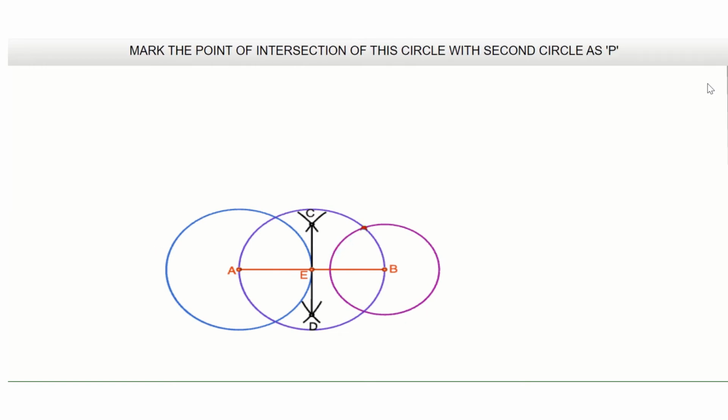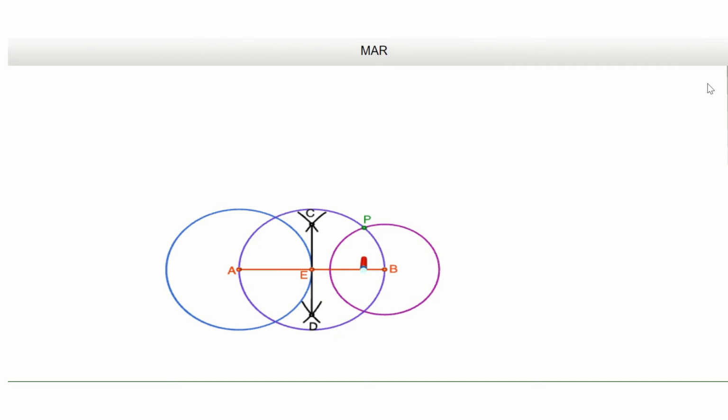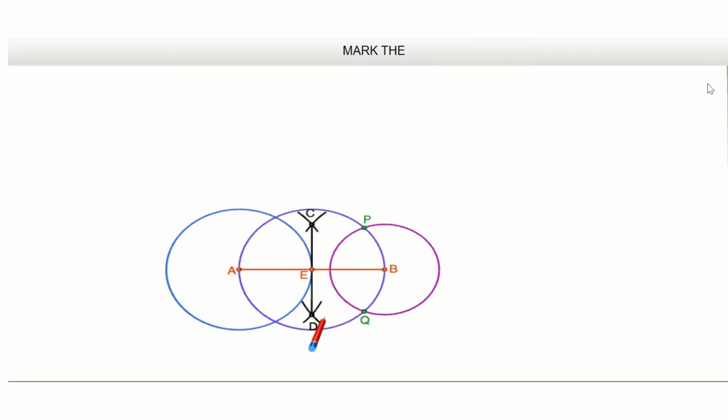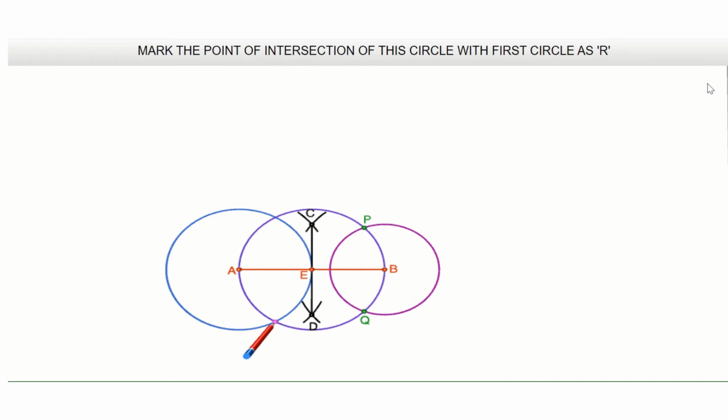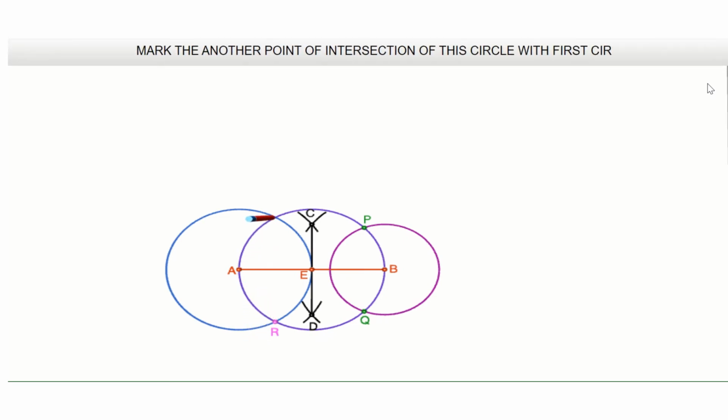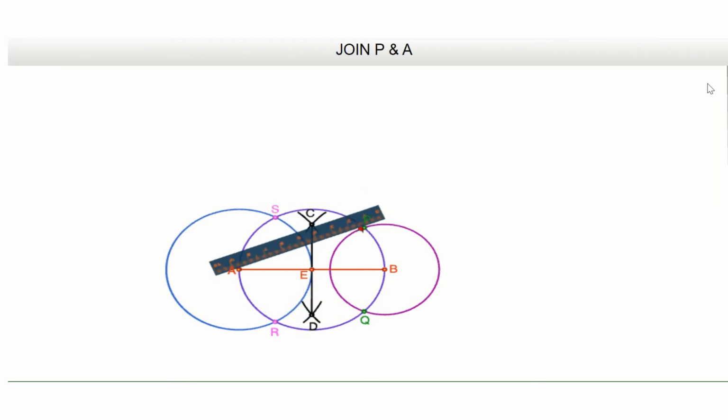Now, from the intersection points, I am going to mark with the purple color and the blue color circle P and Q, and the same for the blue and purple color, R and S. Now, from the centers we have to join.